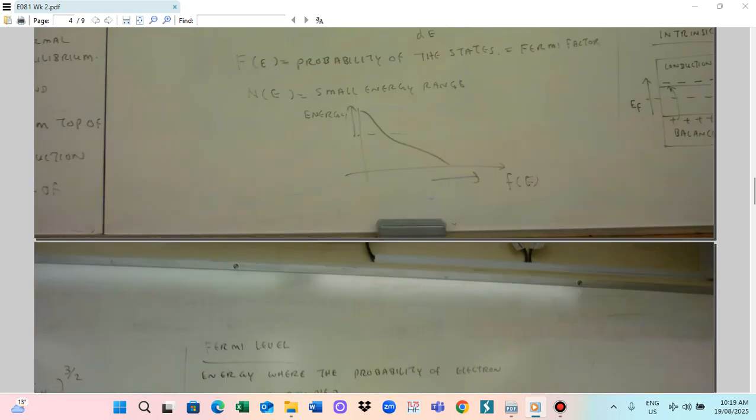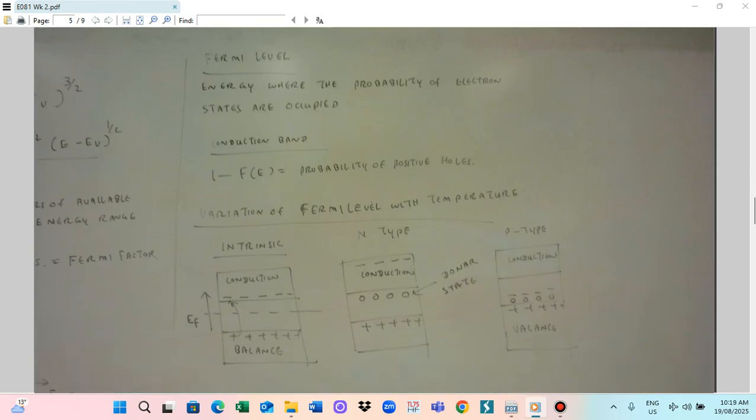The Fermi level is the energy where the probability of electron states being occupied is one half.